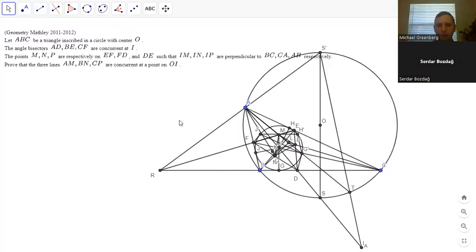After that, if we use the harmonic bundle from A, F goes to B, M goes to T, E goes to C, and R goes to S'.